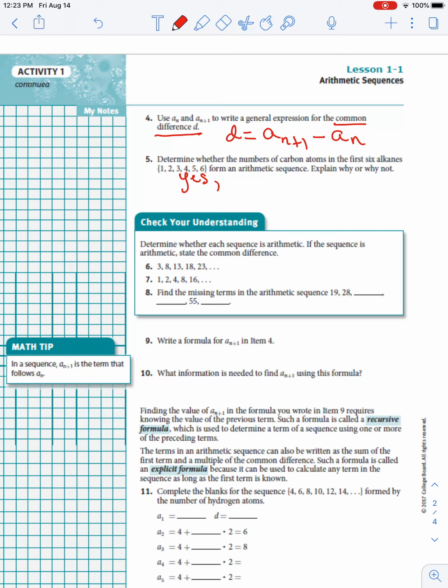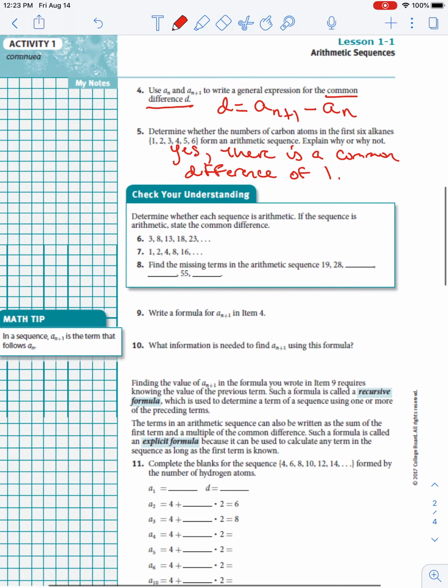So I would say yes, there is a common difference of 1. So you have to be able to state what that common difference is.